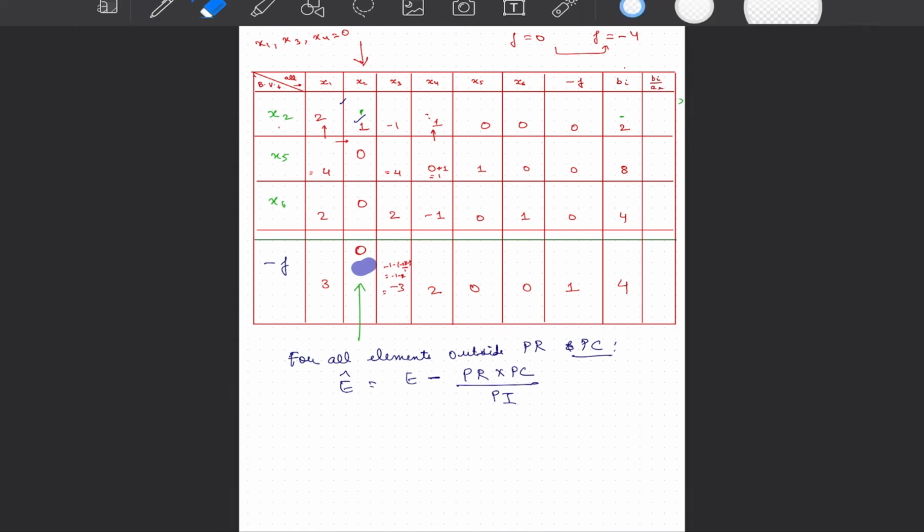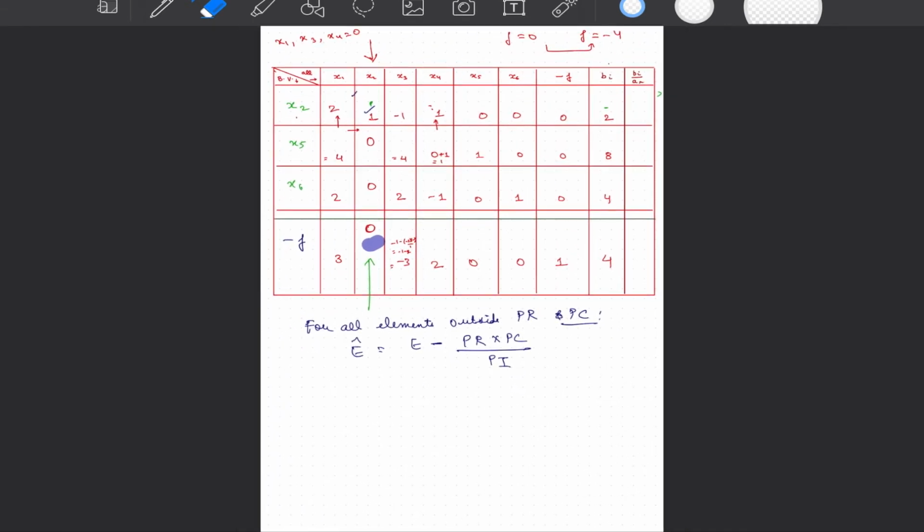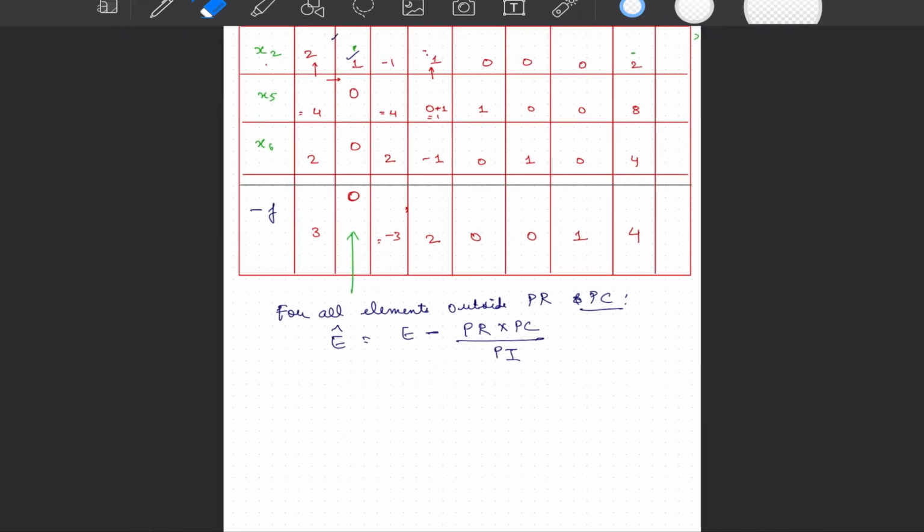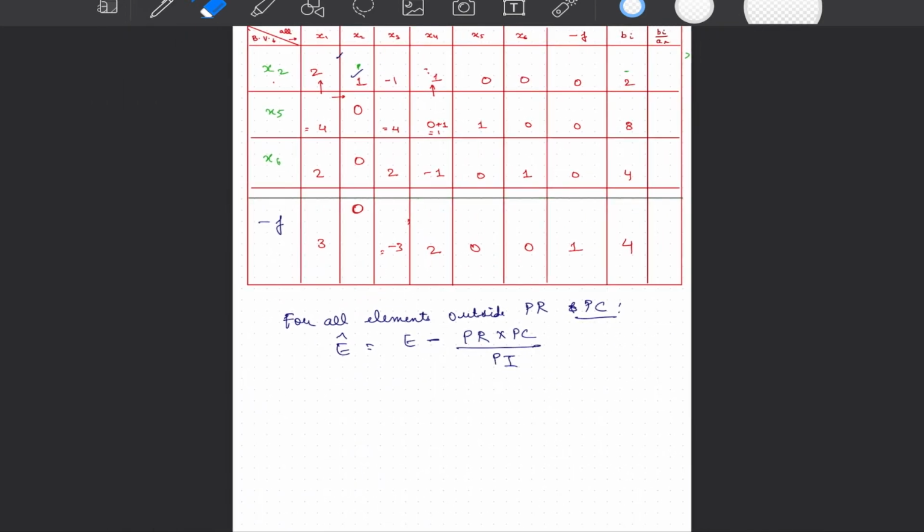And this is the updated canonical form that we have. So we have 1 0 0 here, 0 1 0 here, 0 0 1 here. So x2, x5, x6 together constitute the canonical form. Now, still there is scope for improvement. How did I come to know about that? So if you see, even in the updated coefficients, we can have one more entry.